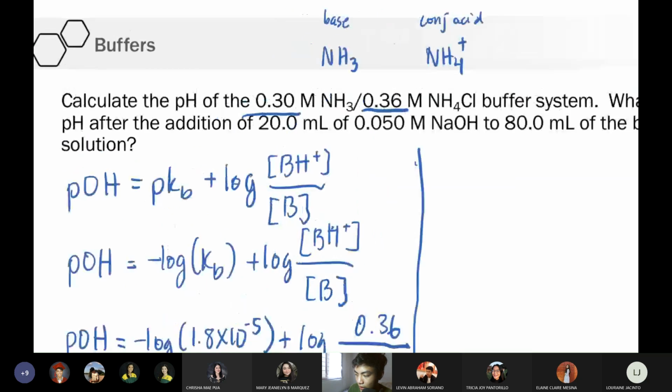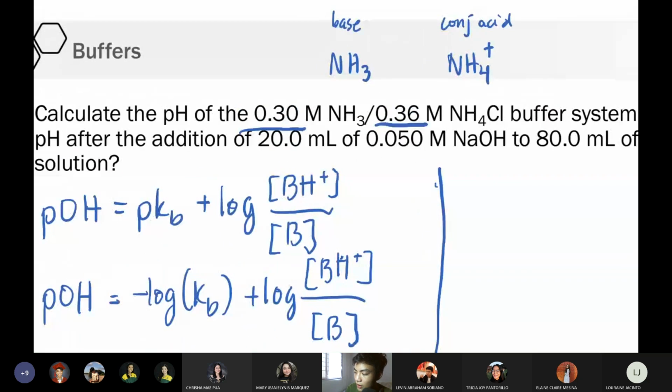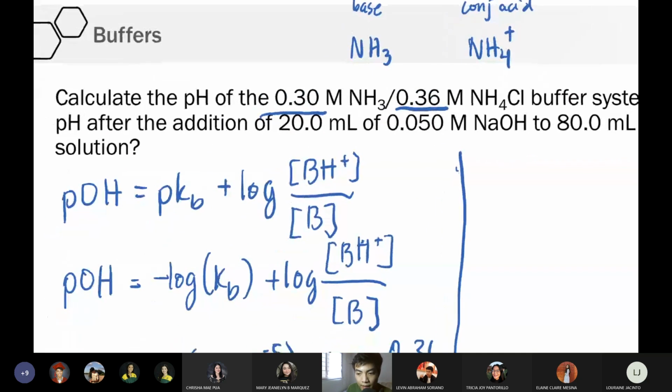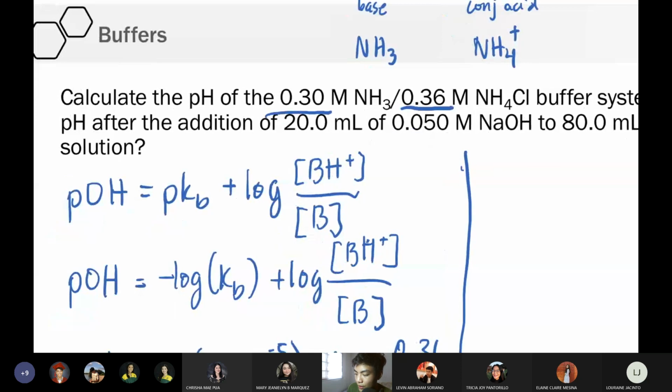What is sodium hydroxide? Ang sodium hydroxide ay base. So that means when we add base to our buffer, madadagdagan yung concentration ng base natin and mababawasan yung concentration ng conjugate acid.